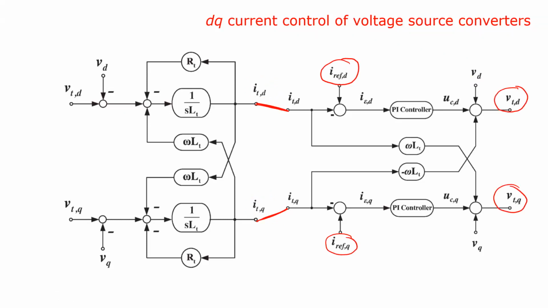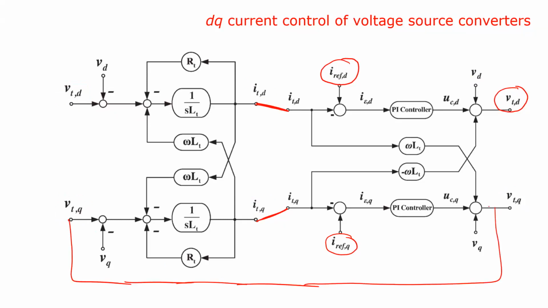Okay, so in the beginning, when you are estimating the grid voltage or grid currents without using the sensor, right? You require this VTD term and VTQ term. So this is feed forward here. That means this is directly connected here. This point is connected here. Again, this is connected here.